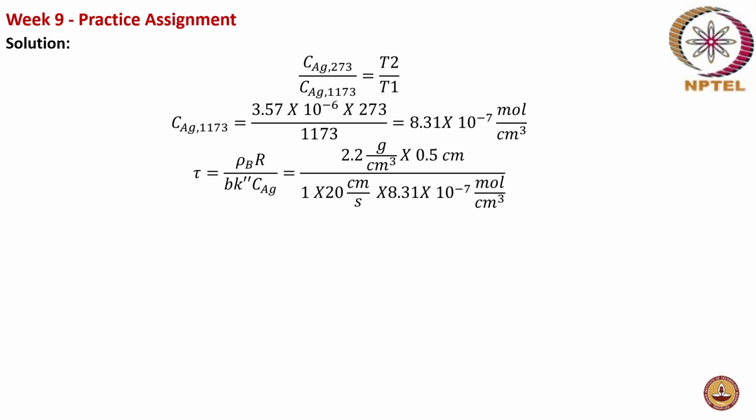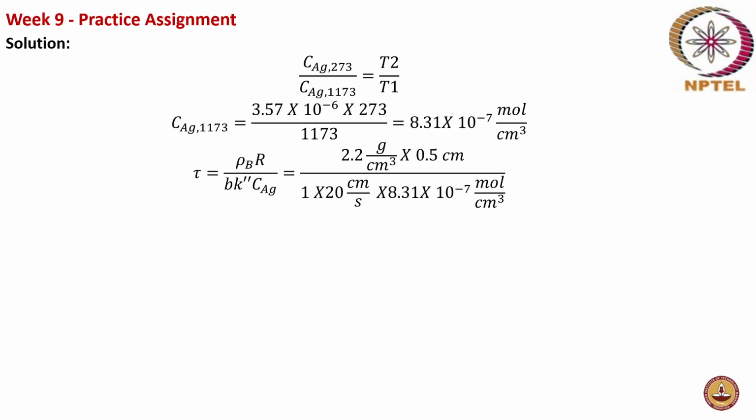Let us substitute all the parameters. So tau is equal to rho B R divided by b into K double prime into CAG, which is 2.2 gram per centimeter cube into 0.5 centimeter divided by 1 into 20 centimeter per second into 8.31 into 10 power minus 7 mole per centimeter cube.